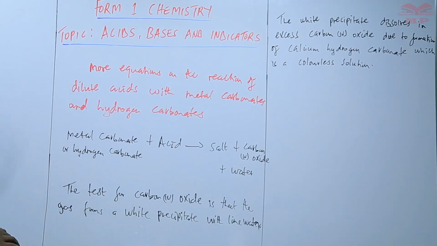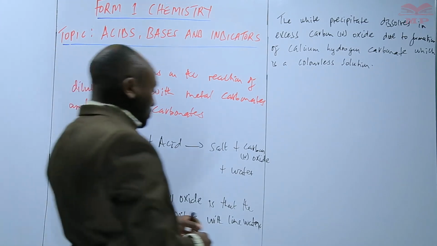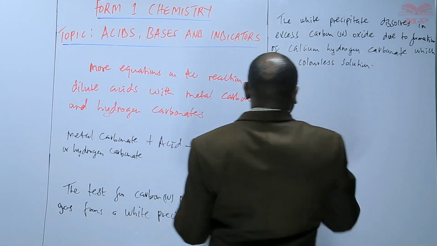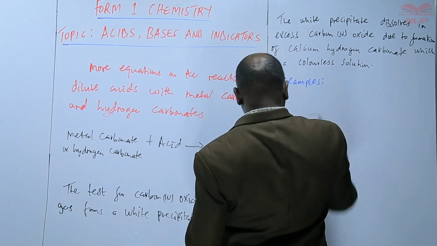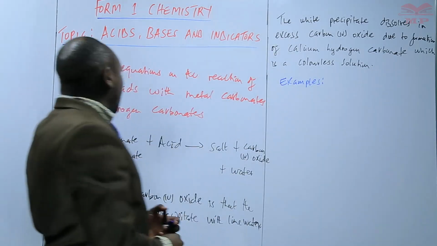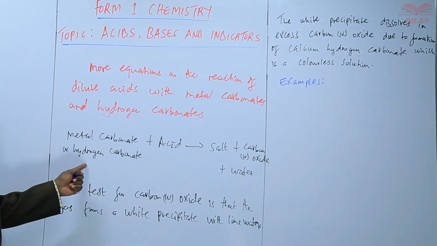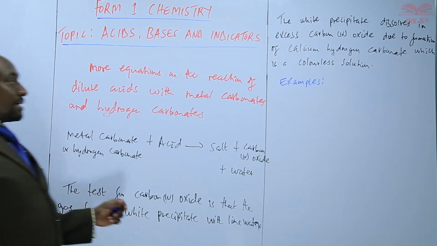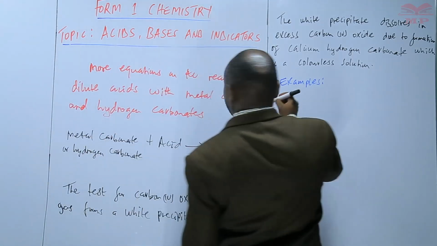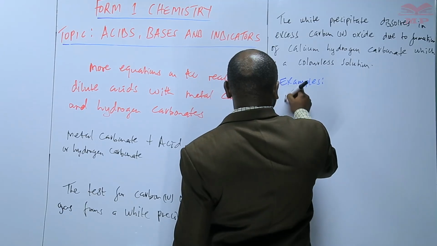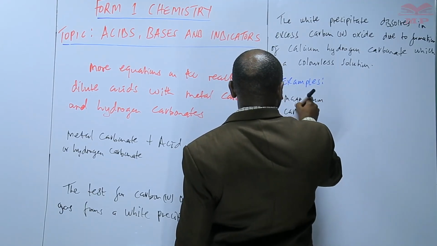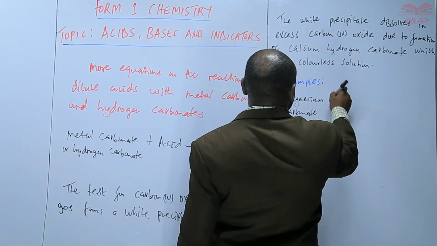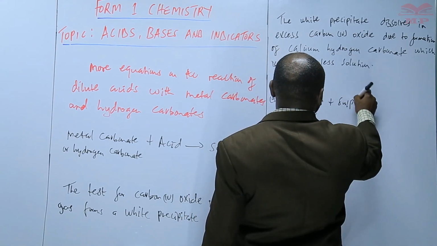So we are going to have examples of equations between a metal carbonate with an acid or a hydrogen carbonate with an acid. Let's say we take magnesium carbonate plus dilute sulfuric acid.